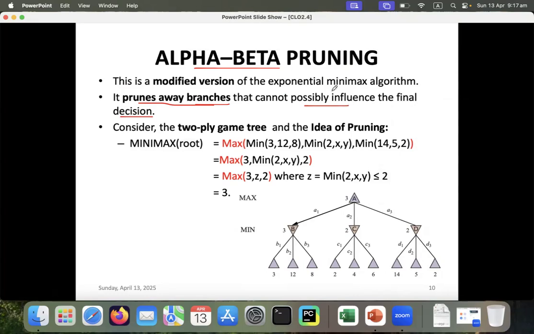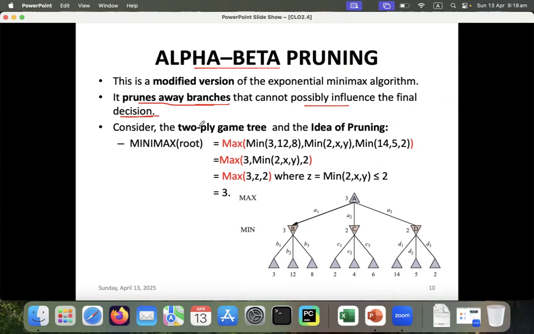And when it filters those branches, the algorithm will not execute those branches. In this way, it will take less time to find the solution.